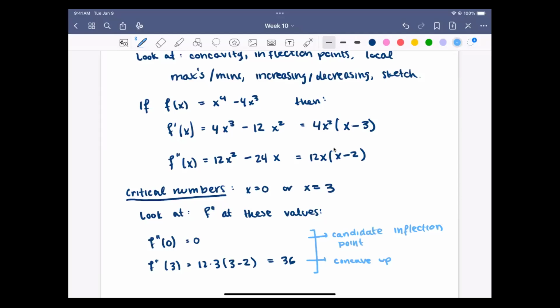Since it had a horizontal tangent, it's a candidate for being the local maximum or minimum. And then concave up tells us that all values of the function around it will be larger. So we get that this is a local minimum.